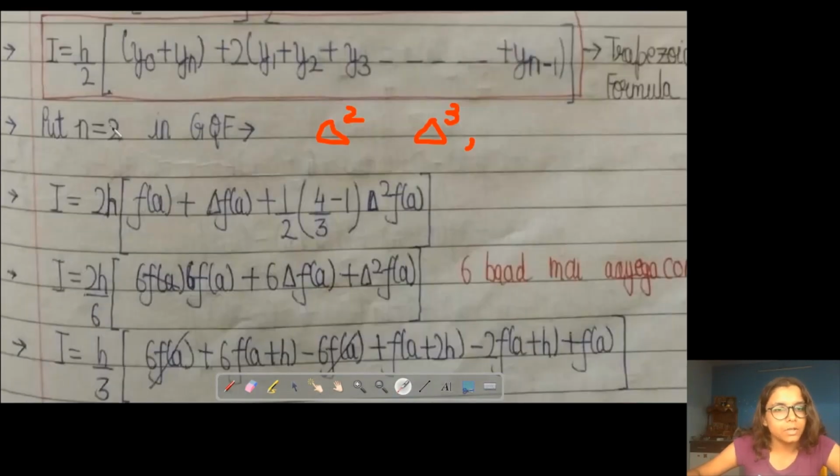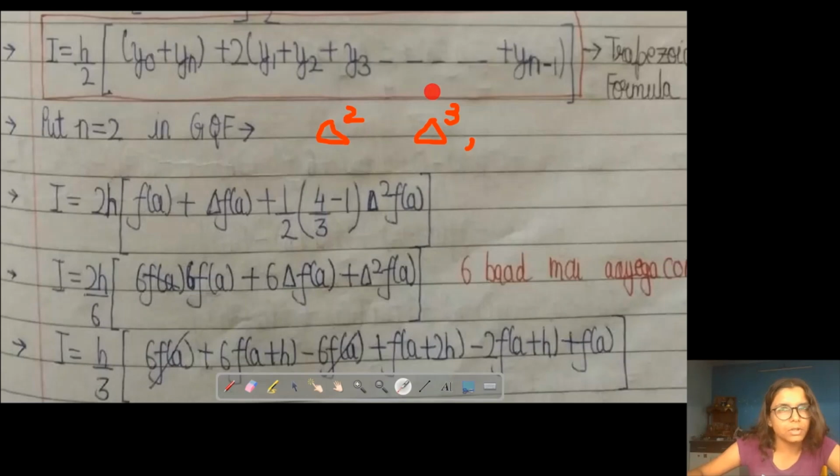And onto the next part, which is when we keep n is equal to 2 in the general quadrature formula, that was also known as the Newton-Cotes quadrature formula. Here we would just ignore all the degrees after the second degree.